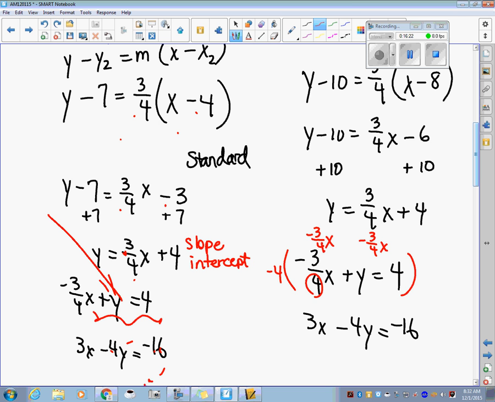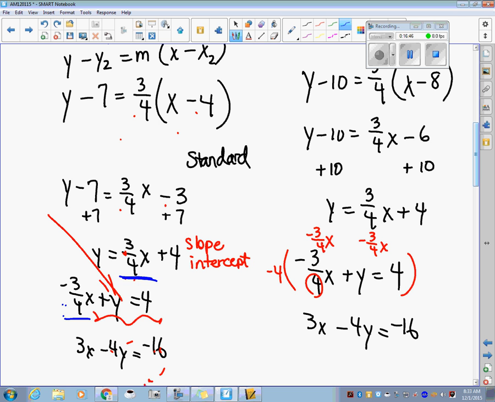Now, if the directions said for you to put this in standard form, which is what I asked you to do, you're going to manipulate this by moving the x value over to the left. You subtract 3/4 x from both sides. But this is not an integer. Wait, where did you get the 3 from?